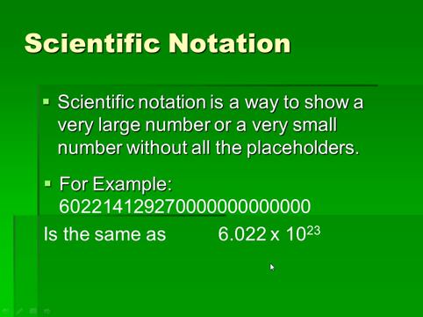Lots of zeros. That is not fun to write out every time you use it. So to shorten it up, we put it in scientific notation, 6.022 times 10 to the 23. That is the same number, but in scientific notation. Basically, we've taken out all of these zeros, and we've noted it up to this point.